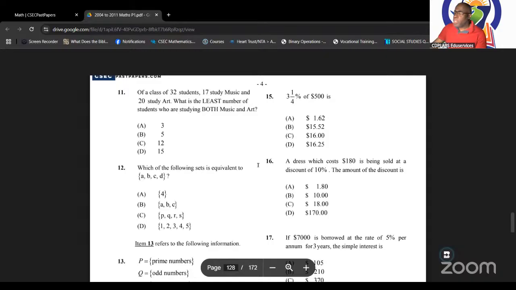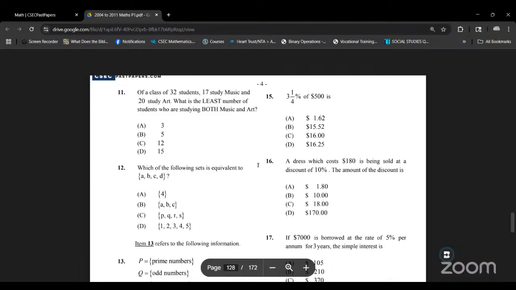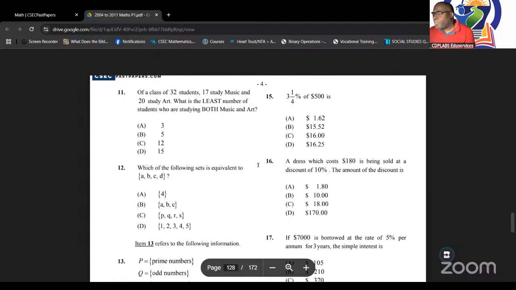All right. Read number 12 now. Which of the following sets is equivalent to A, B, C? So let me explain now.